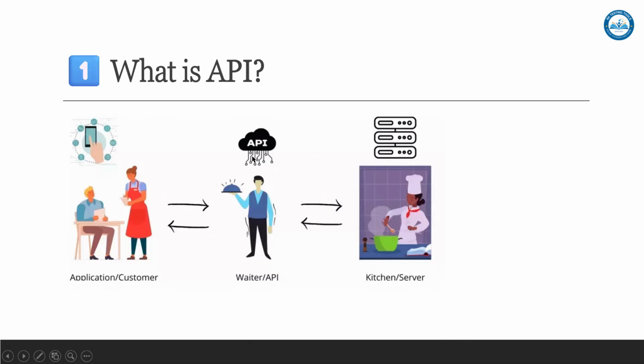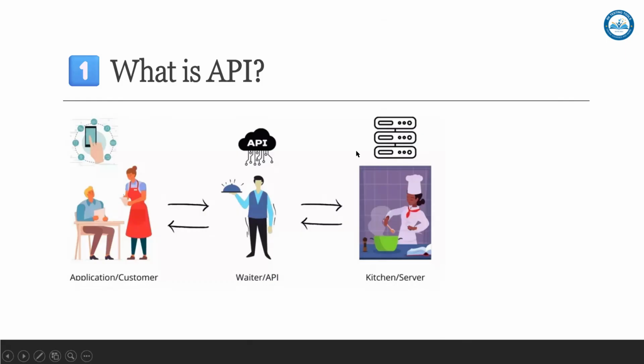Now the waiter is an API, which is a mediator between the customer and the kitchen, that is, the application and server. The waiter's job is to bring the food from the kitchen to the customer, because the waiter has already got a request from the customer.